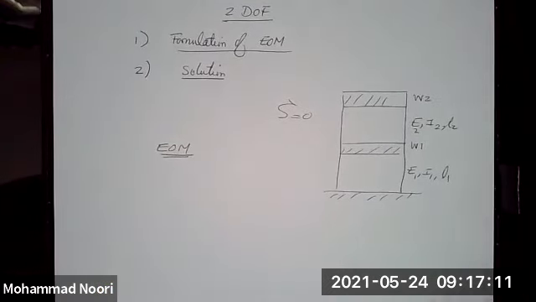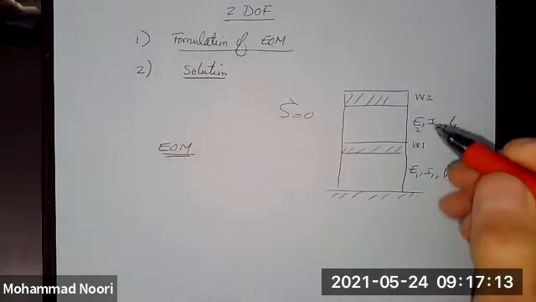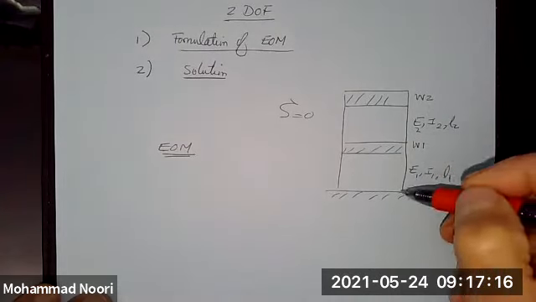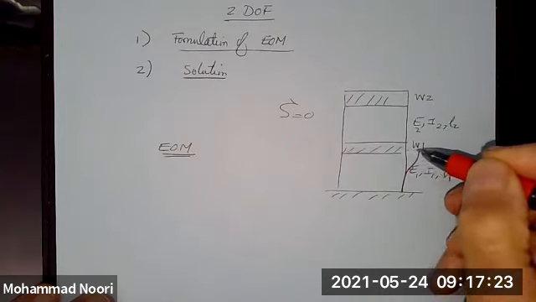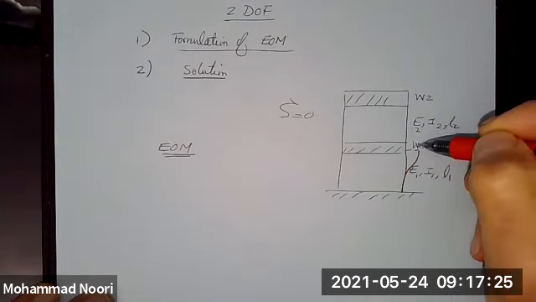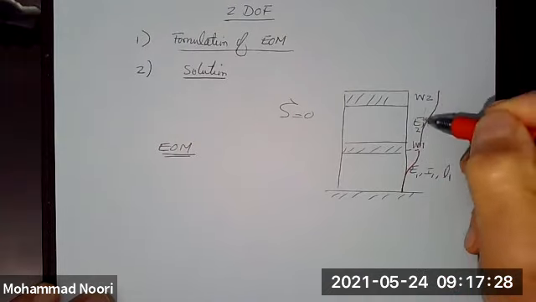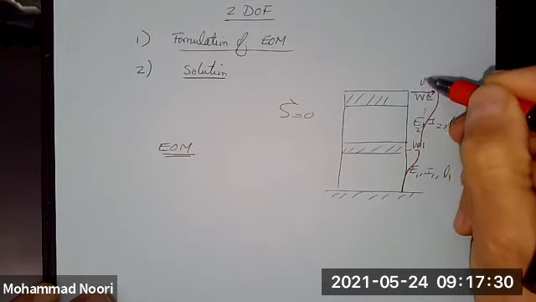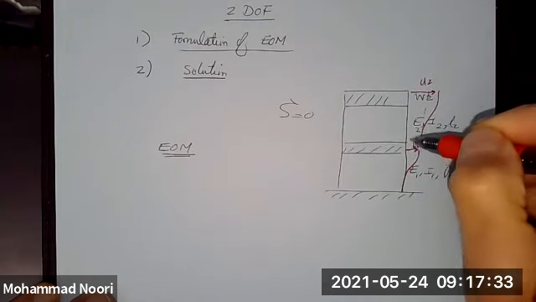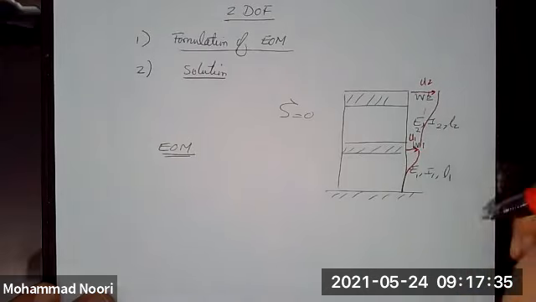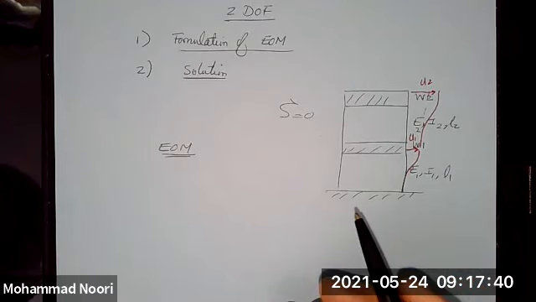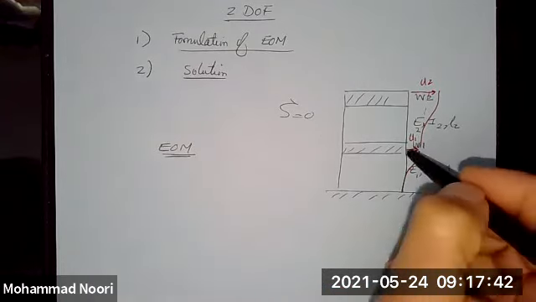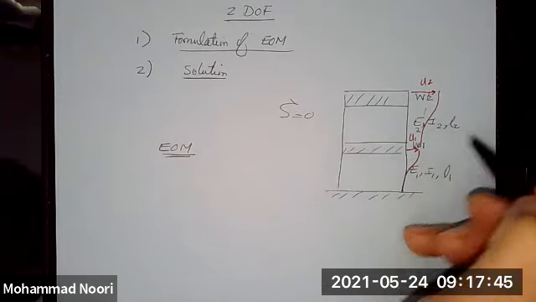The way this building moves is that the connection between the floor and the columns are rigid. So no rotation takes place at this point of connection. So the motion would be like this, okay? So if this is U2, this is U1, no rotation. So of course, the objective is to find, these are 2 masses, right, moving.